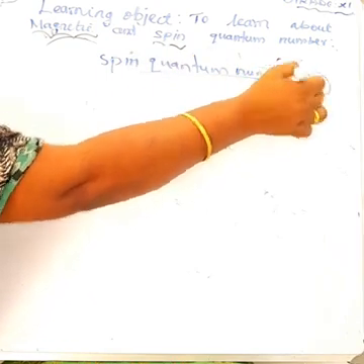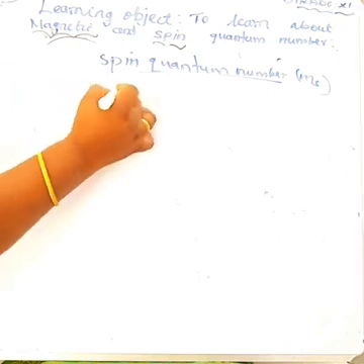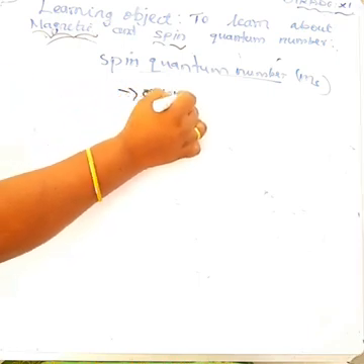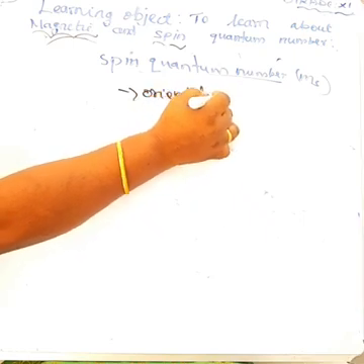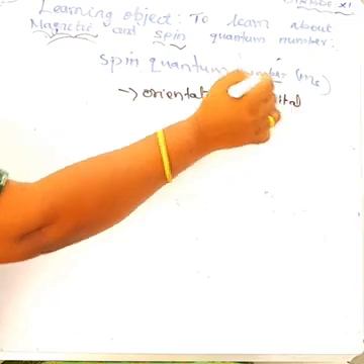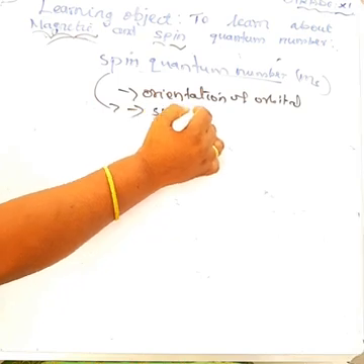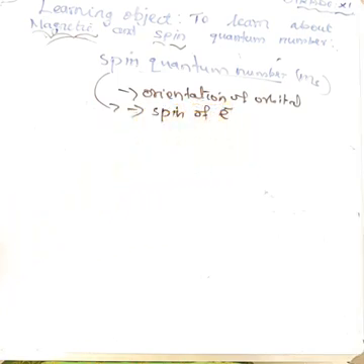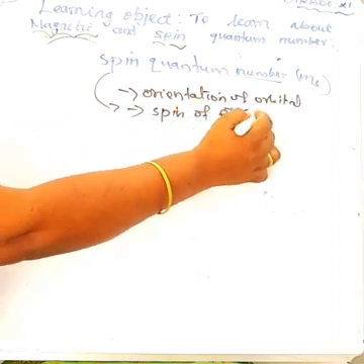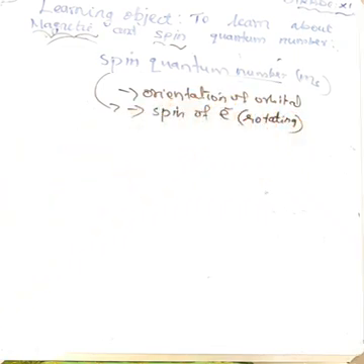The magnetic quantum number represents the orientation of orbital in space, but the spin quantum number represents the spin of the electron. What do you mean by spin? Spin means spinning or rotating, the spinning of electrons within the orbital.